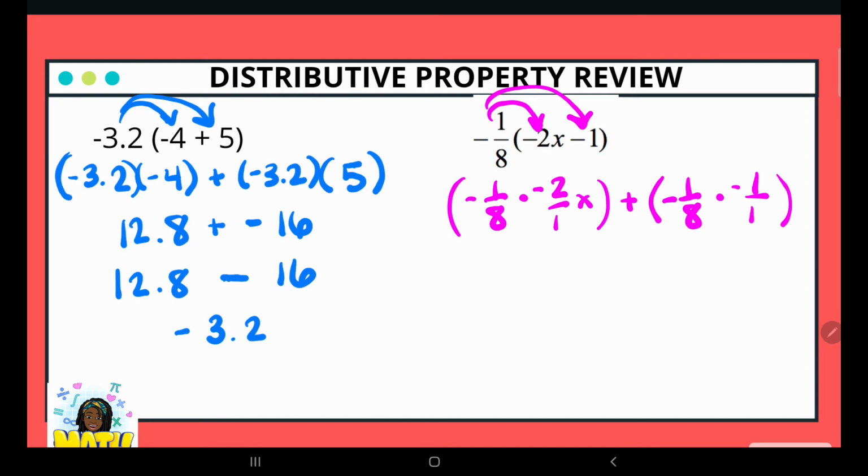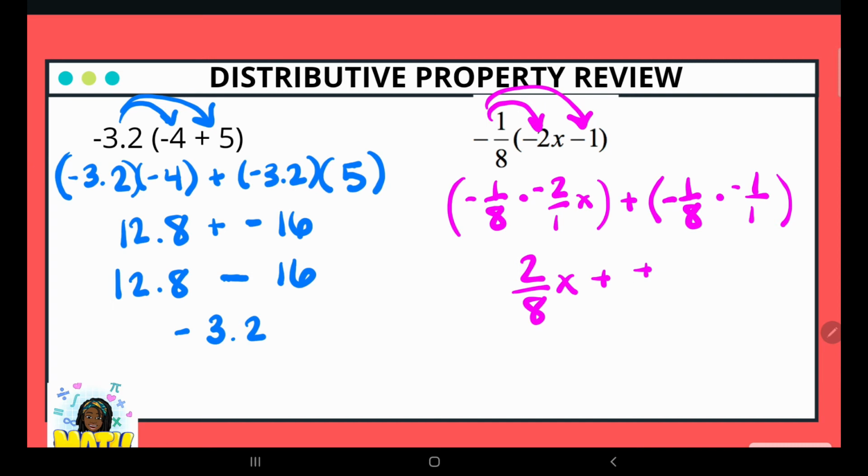now let's go ahead and simplify. So negative times the negative is going to be a positive, okay? And we know that when we're multiplying fractions, we multiply the numerator with the numerator, denominator with the denominator. So 1 times 2 is 2, 8 times 1 is 8, and I'm bringing down my x, bringing down my plus sign. So I have now a negative times a negative, which is going to make my answer positive.